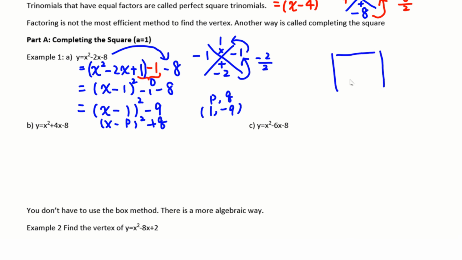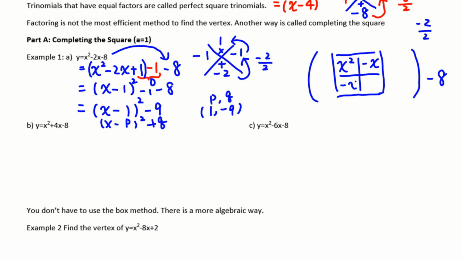So we could draw a box and we are going to put it in brackets, and the minus 8 is outside. So the first term is x squared. We split the negative 2x in half. So it's negative x, negative x.